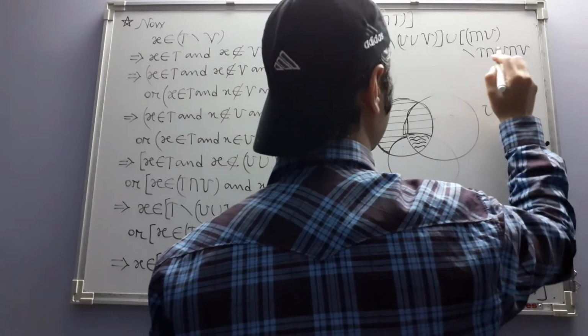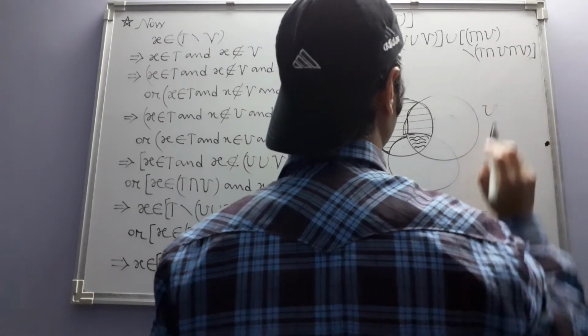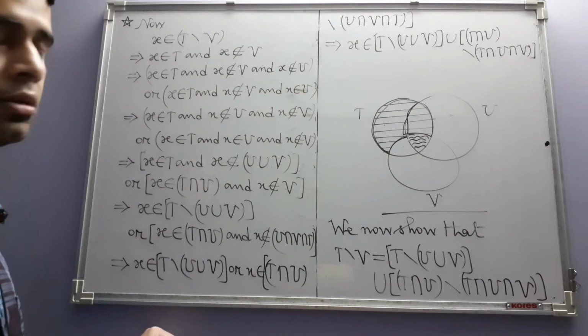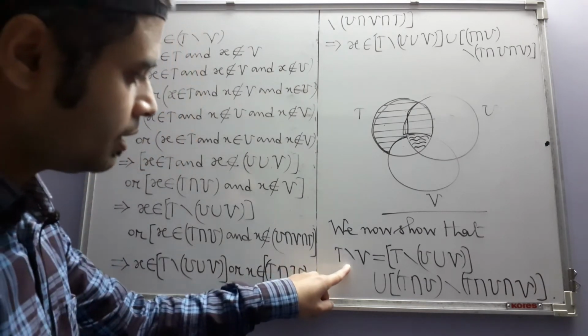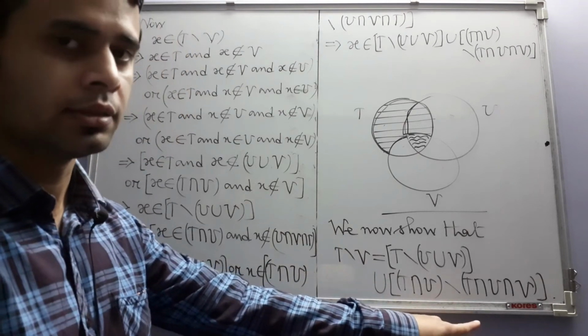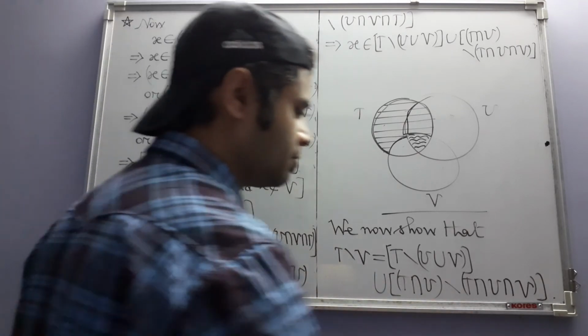Whether you write u v t or t u v, you can change the order because intersection of sets is commutative. So that means any element here is actually here in this set. Now we prove the converse.